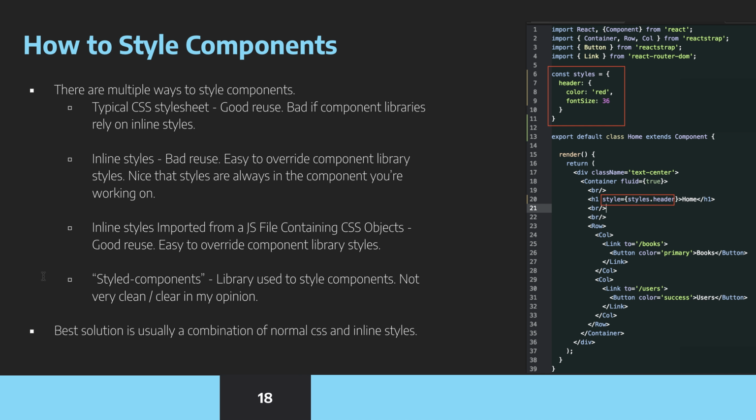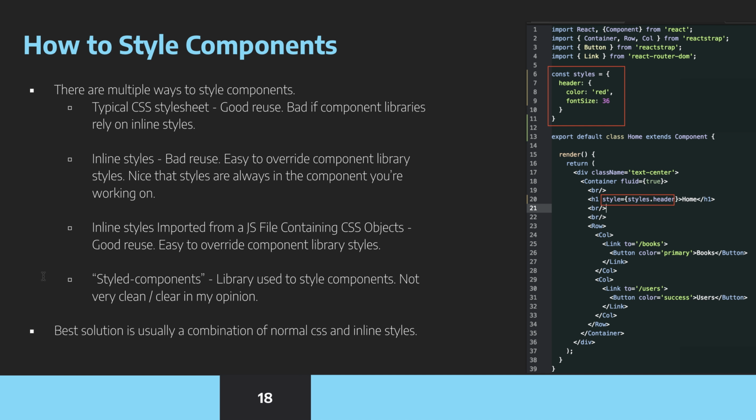My personal opinion on the best solution is you usually want a combination of some normal CSS and then using the inline styles. So you want normal CSS for global styles that you need. So things like text center, you don't want to have to define that in every component that you're using. But you need the inline styles to be able to override any component library styles.